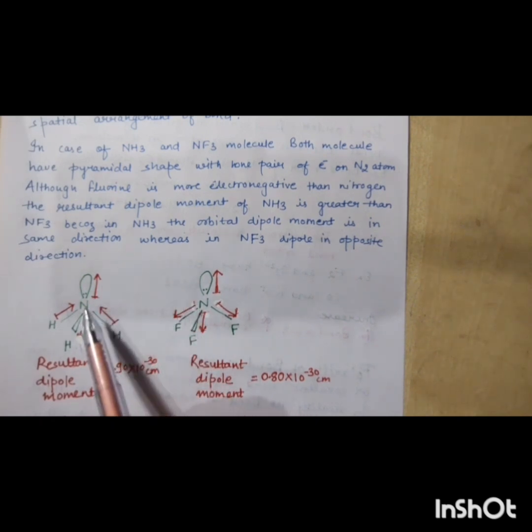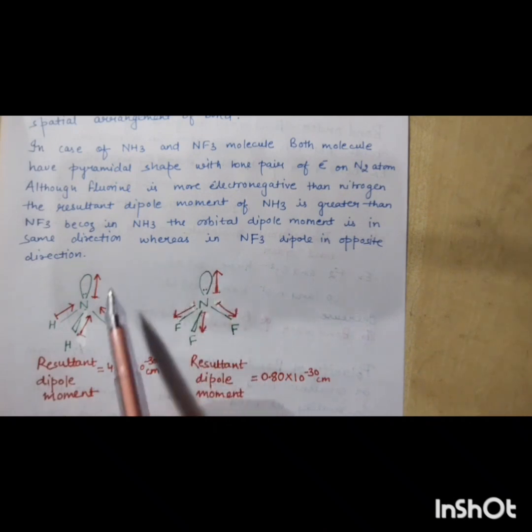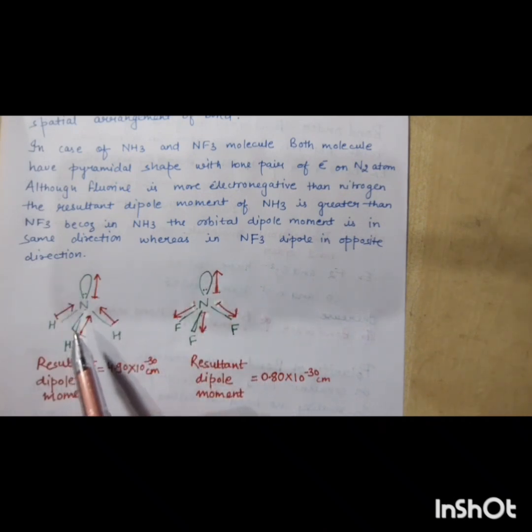Because in the ammonia molecule the resultant dipole moment moves in one direction, as we see in the figure of both ammonia and NF3. In the NH3 molecule, one hydrogen is above the plane and the other hydrogens are below the plane.